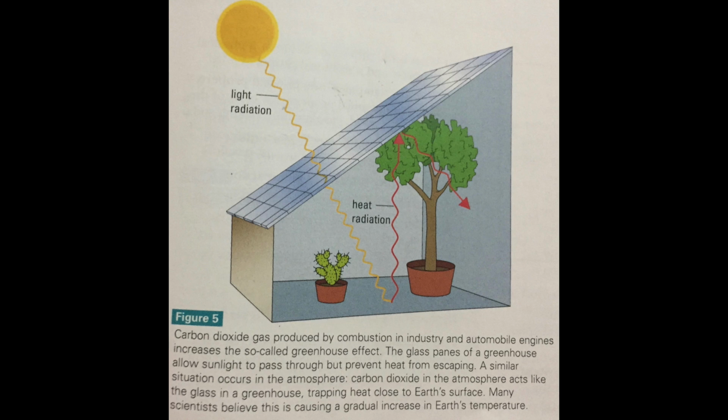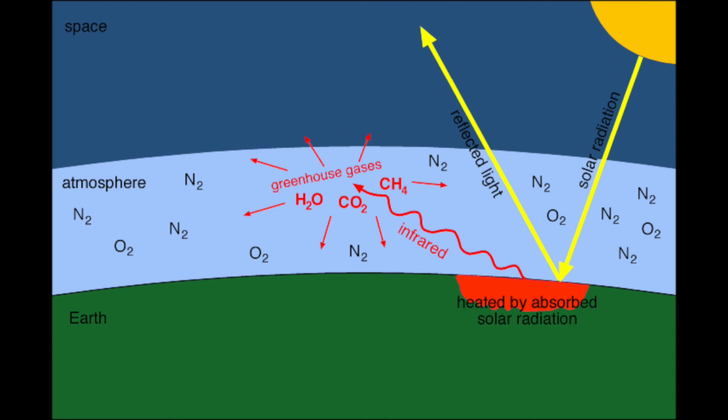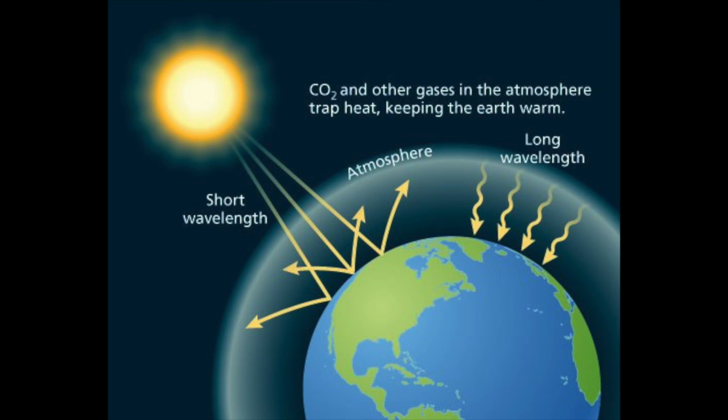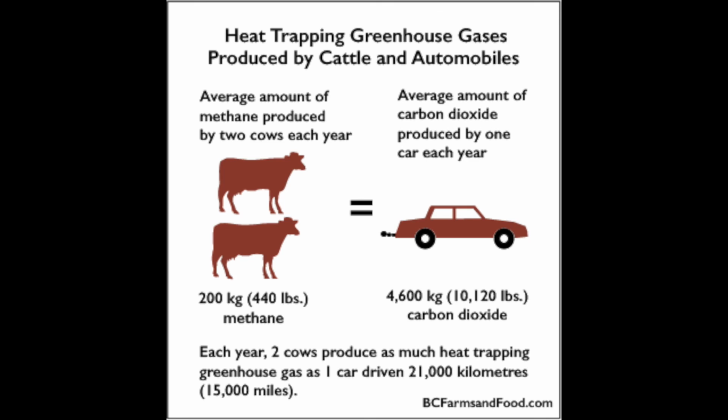So, the visible light has short wavelengths. It passes through the glass, is absorbed by the Earth, by terrestrial things, water, people, rocks, trees, and then it's re-radiated as heat. Now, heat is infrared. It has a longer wavelength, and that bounces off the carbon dioxide back to the Earth, and that causes the greenhouse effect. Methane, CH4, is 25 times more powerful as a greenhouse gas than carbon dioxide.